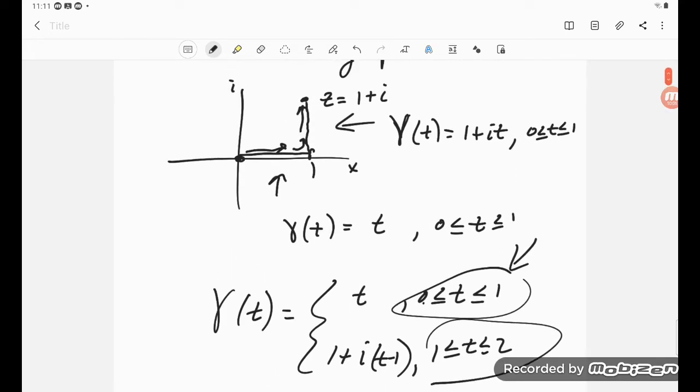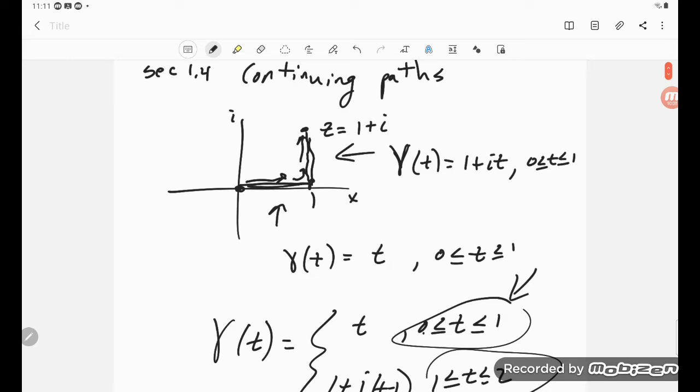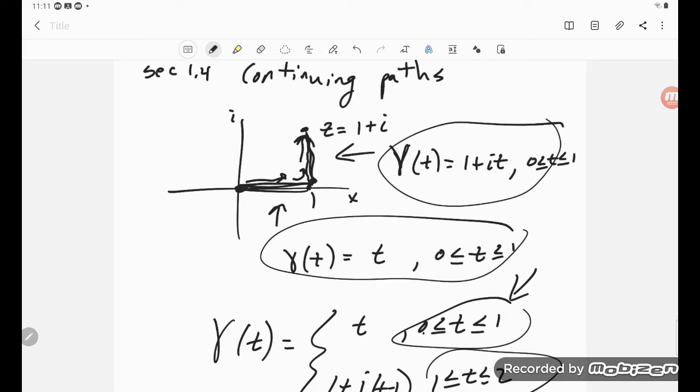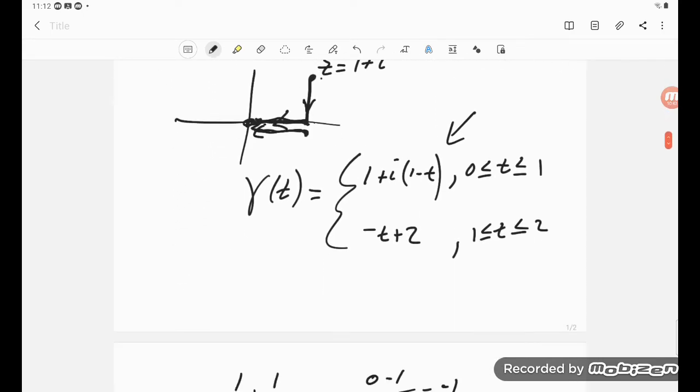So if I wanted to use this path that went from 0 up to z, I probably would indeed just use this and just start t over at 0 again, because it's just easier for me, right? I knew I needed the 1, but then the i times t. And so that is more about looking at paths, but also constructing them.